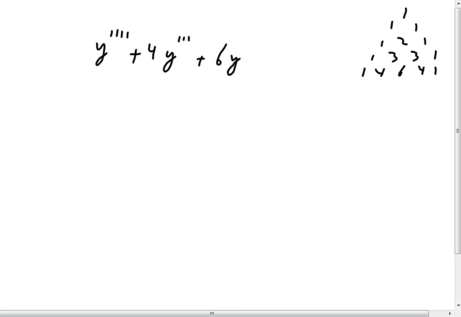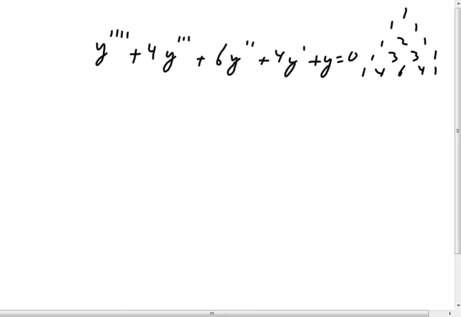What if I had something like y quadruple prime? Do one of these things real quick. So what if I had y quadruple prime plus 4y triple prime plus 6y double prime plus 4y prime plus y is equal to 0?